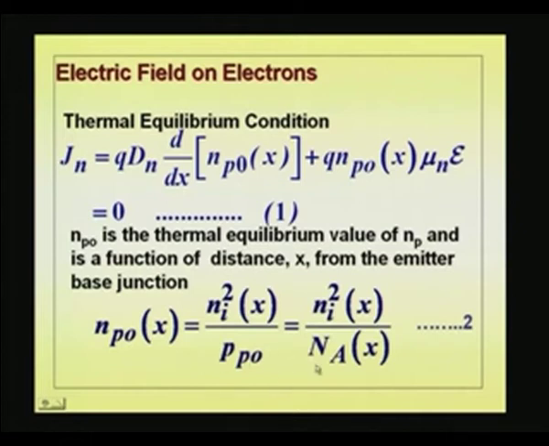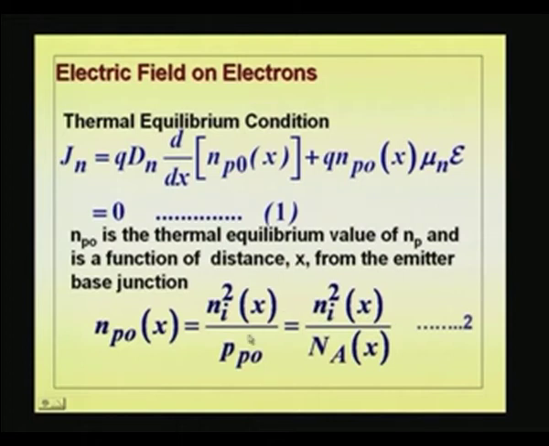Doping may also be a function of x. Even if it is constant, you will have Np varying. Even if it is constant, if the band gap is varied, Ni is varying, Ni is actually increasing as you move from the emitter to the other end. So, Np0 actually increases; the thermal equilibrium value is more in that region as x goes on.